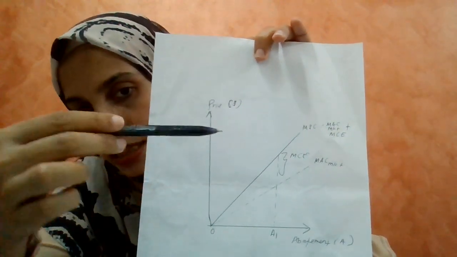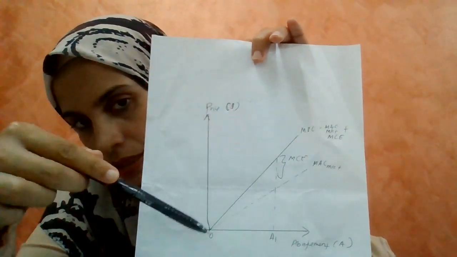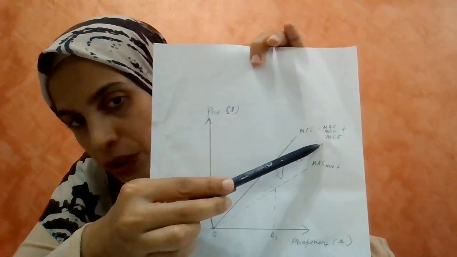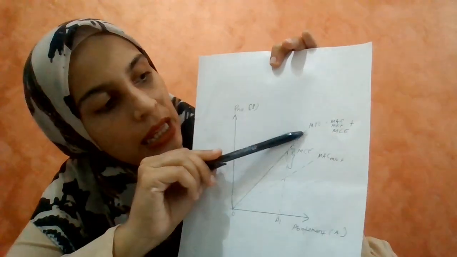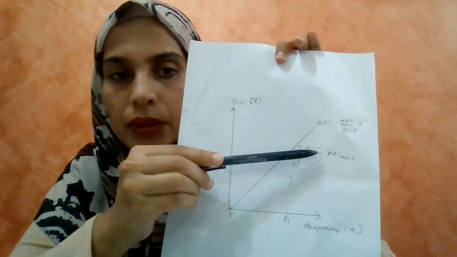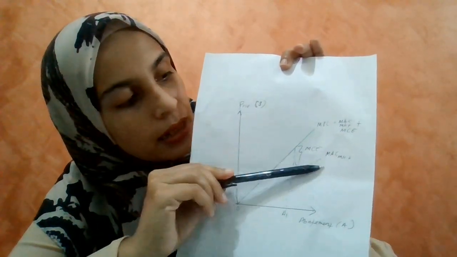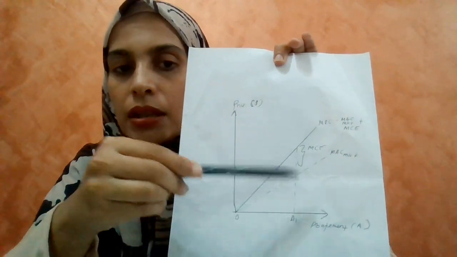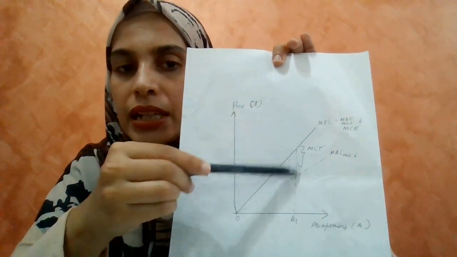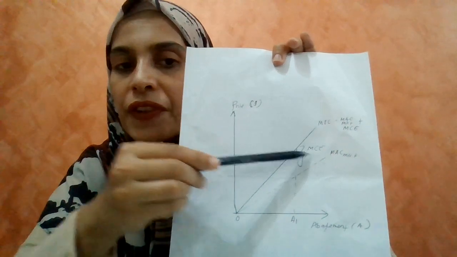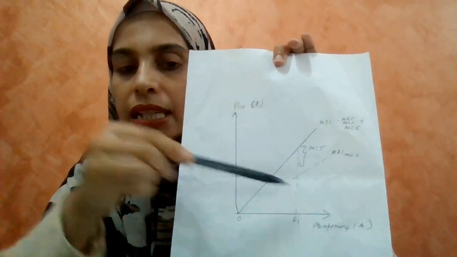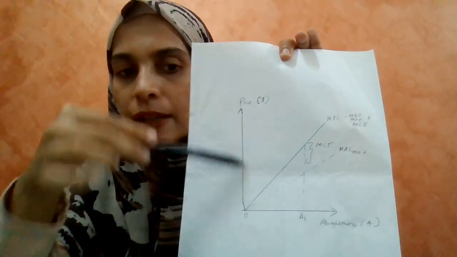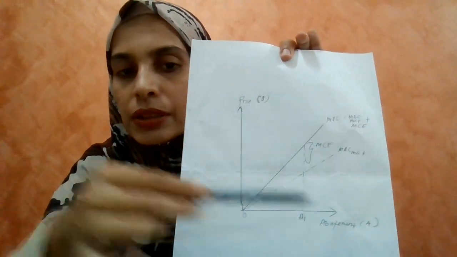So this is the marginal abatement cost ditambah dengan marginal cost of enforcement. So dia adalah marginal social cost dan ini adalah marginal abatement cost untuk market. Ya. So the difference here adalah marginal cost of enforcement. The vertical distance ini adalah marginal cost of enforcement. So this is the price and this is the abatement level.